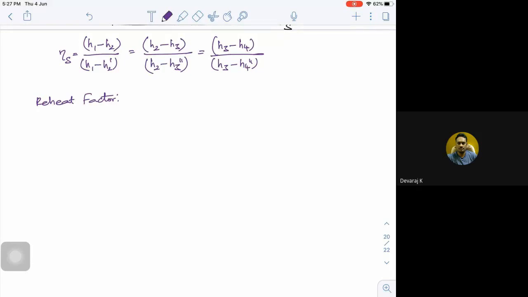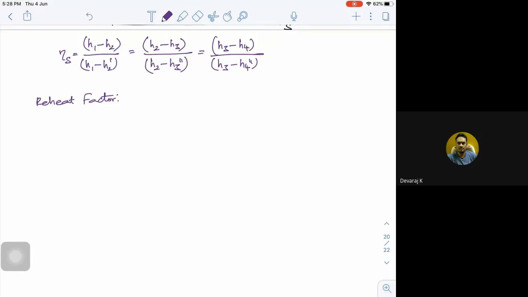Okay, reheat factor, or maybe you might have seen in the case of a compressor, we have something called the preheat factor. If I try to write the work done in expansion for it, it's a 3 stage.